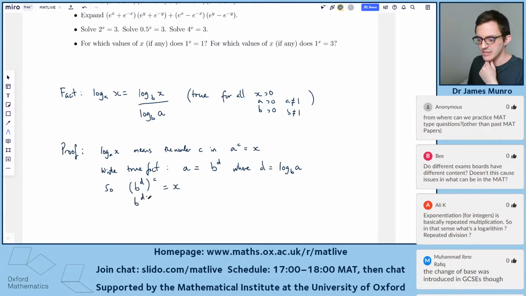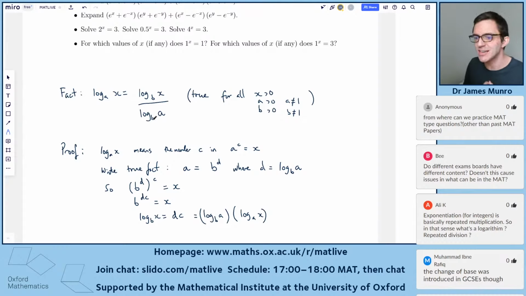That's b to the dc is equal to x by some indices rules, which means that log base b of x is equal to d times c. Now I know that d is log base b of a and c is log base a of x. So I think we're now done. Log base b of x is log base b of a times log base a of x, which then rearranges, divide through, so long as that's not 0 because a is not 1, and you get this fact that someone put in chat. Right, good.